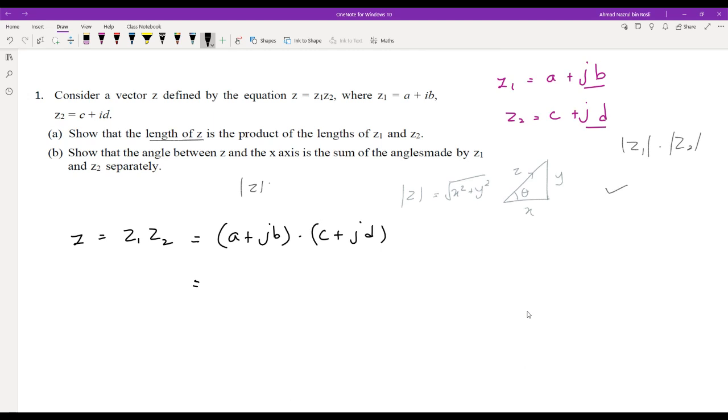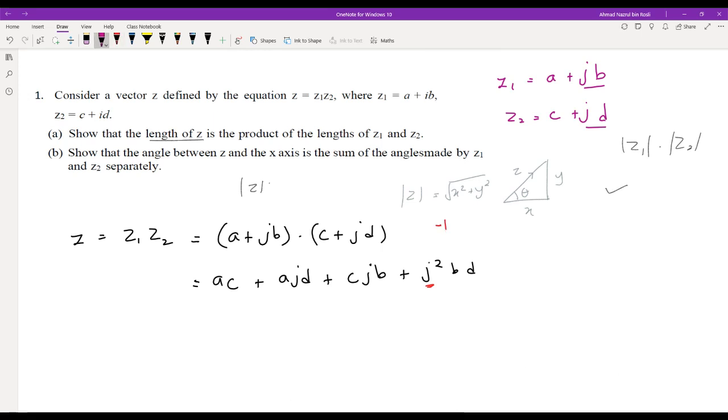So A times C, AC, A times JD, plus JB times C, plus JB times JD, which means J square, B and D. So we have here J square, and J square is equal to minus 1.